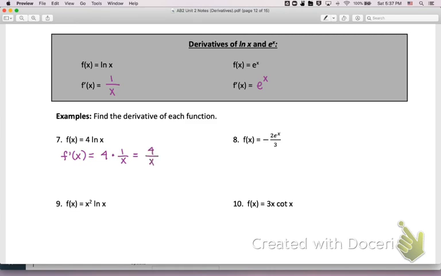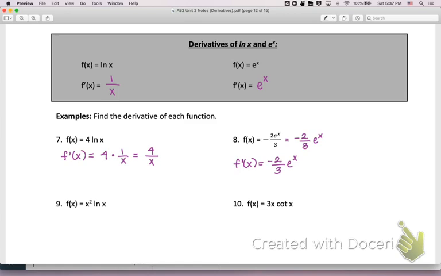Ta-da, that's the end. Number 8, f of x has got a constant multiplier of negative 2/3 times e to the x. So f prime of x is going to be negative 2/3 times the derivative of e to the x, which is also e to the x. Done.